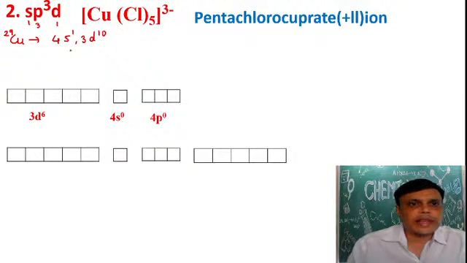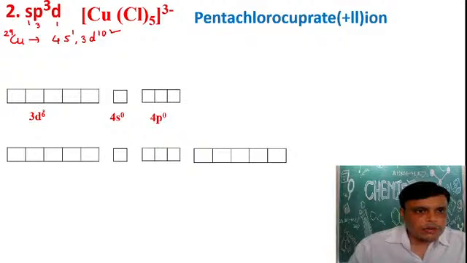So to get extra stability, one electron from the 4s orbital will go into the 3d orbital and it will form a 3d10 electronic configuration. Now here 3d10 will be there, and 4s1 will be there.